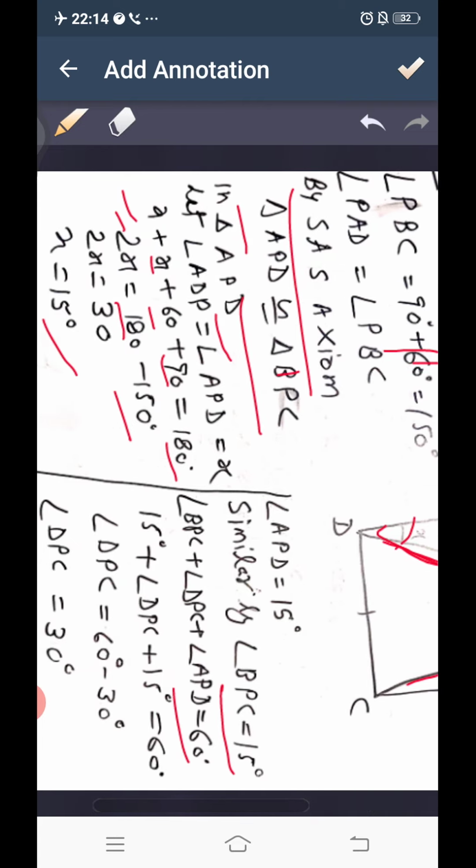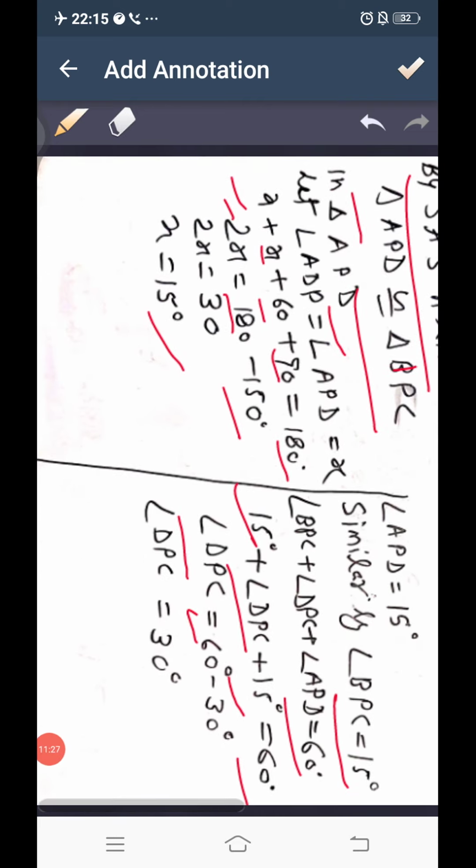So angle BPC is 15 degrees, DPC we have to find, and APD is also 15 degrees, that is total 30 degrees. So angle DPC equals 60 minus 30. So we get angle DPC equal to 30 degrees. That we had to prove.